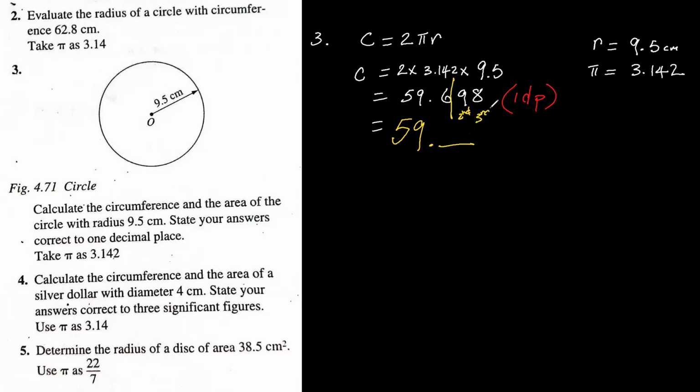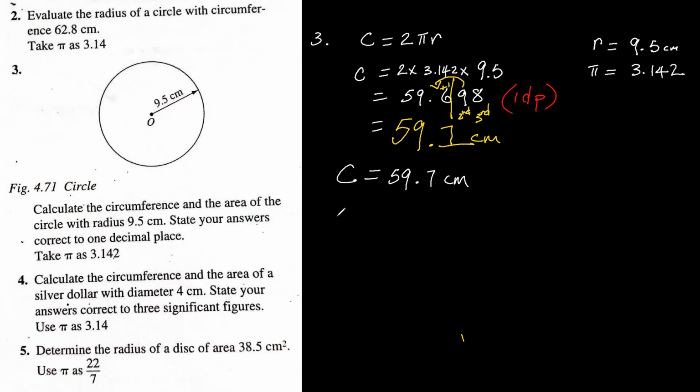The 8 is the third. If the number is 5 or more, I have to add 1 to the 6. So my answer is 59.7 centimeters. The circumference is 59.7 centimeters. Any questions?